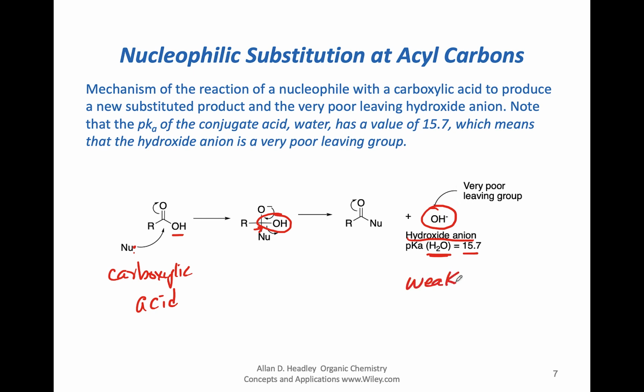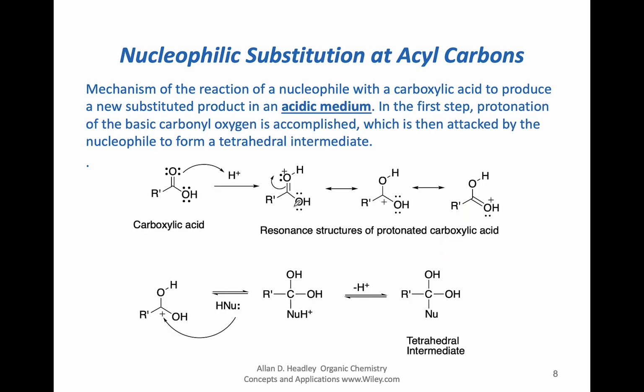Weak acid gives a strong base. Or the conjugate base of a weak acid is strong. So if it's a strong base, it is a poor leaving group. So this reaction here is not a favorable reaction as written, because the leaving group here is a poor leaving group, a strong base.